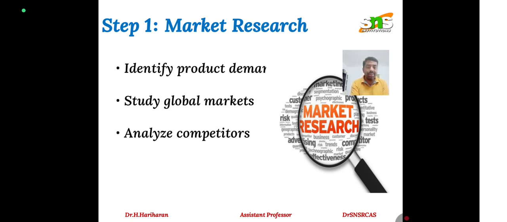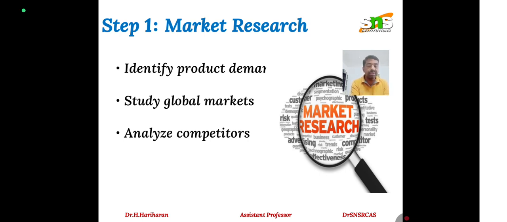First thing is identifying product demand. In which place do we have the demand? Our product might have demand in a few areas, and we should focus only on those areas, not on other areas. The first thing is whether our product has demand in that particular place or not.